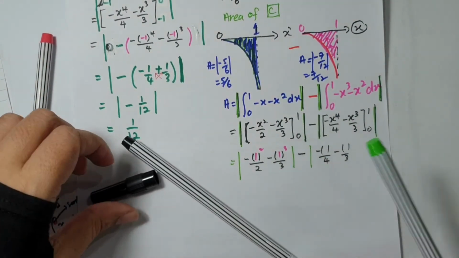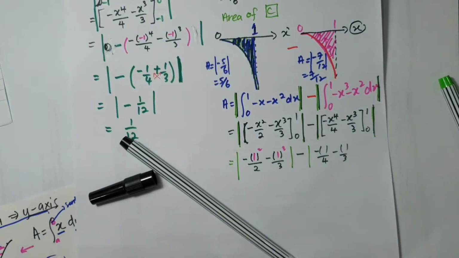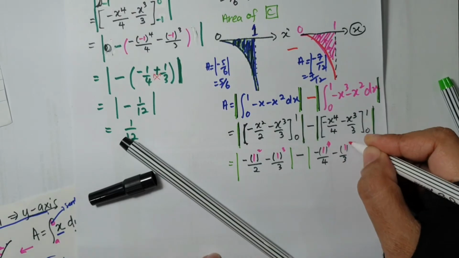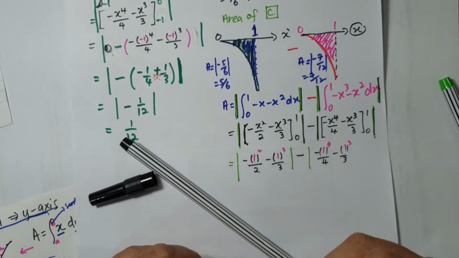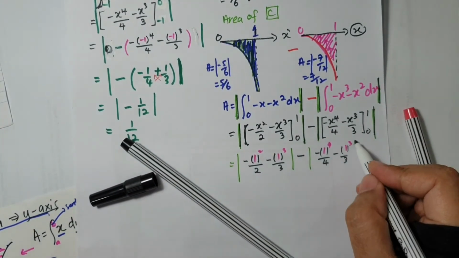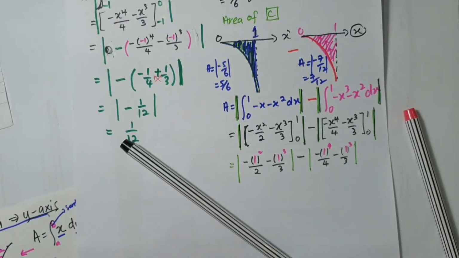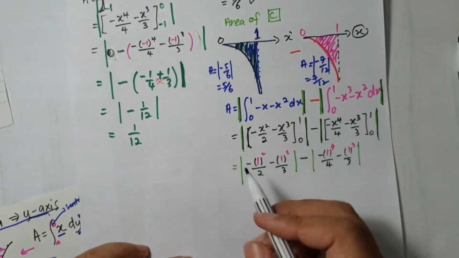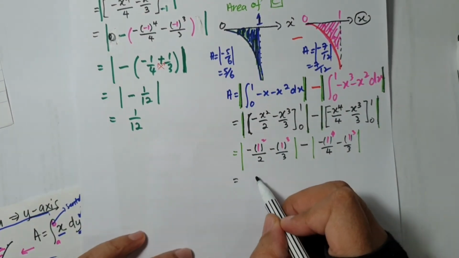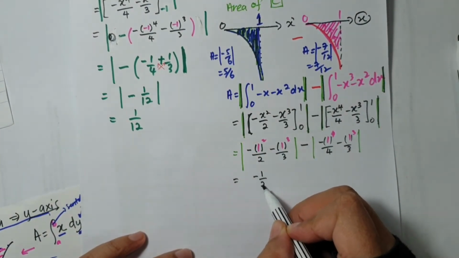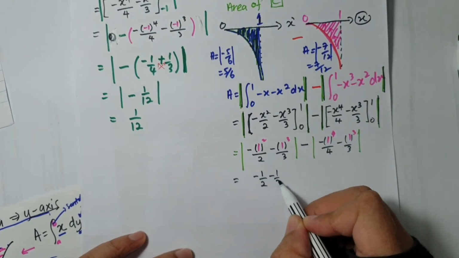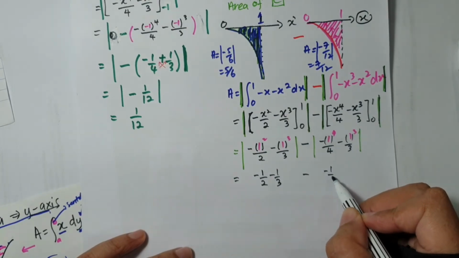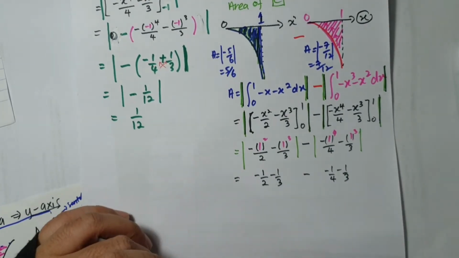Okay, masuk 1, cube. Okay, modulus. Okay, kita solve. Ini jadi negative 1/2 minus 1/3. This one dia jadi negative 1/4 minus 1/3.